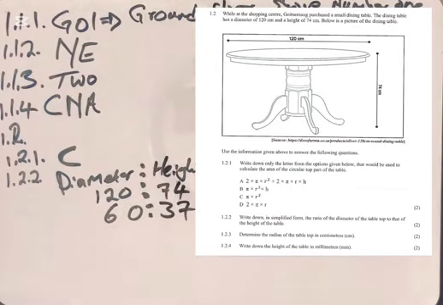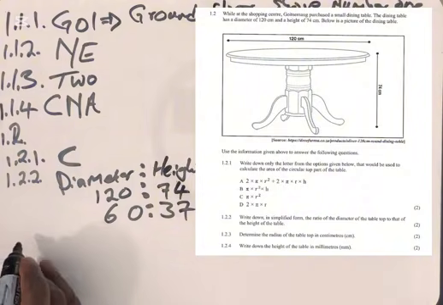So this is the simplified format: 60 is to 37. You should not change this pattern. You cannot start with height to diameter. The question wants you to write the ratio of diameter to height. You should not forget that. Let's move.